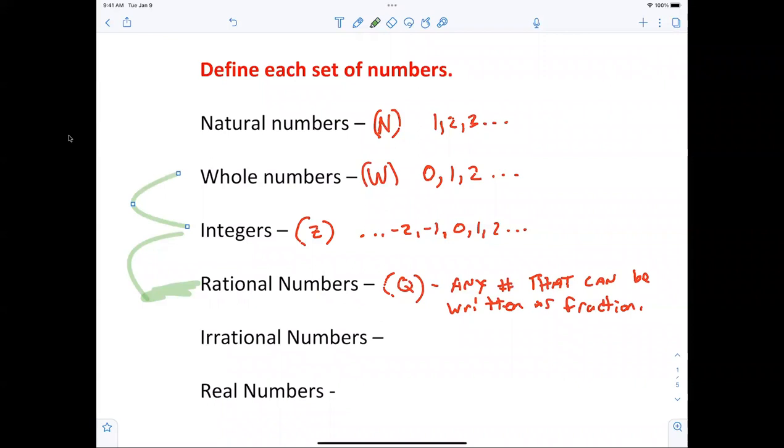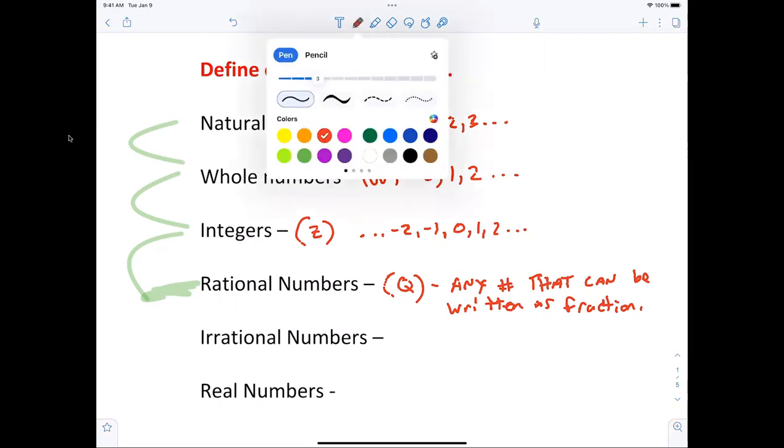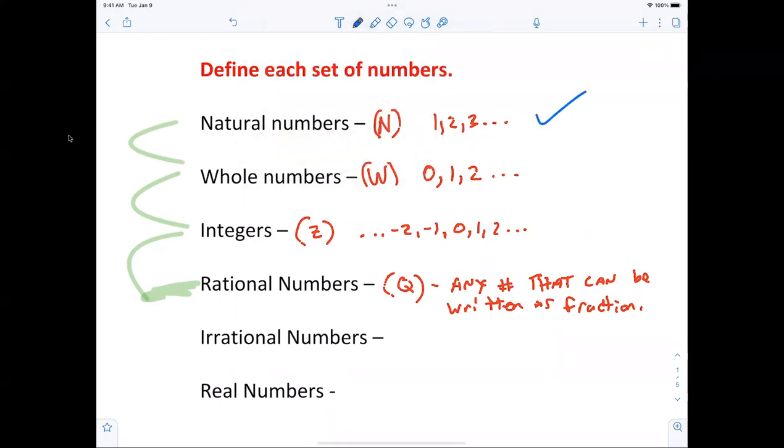You're also a natural number. Because can an integer be written as a fraction? Can the number 2 be written as a fraction? 2/1, 4/2. You with me? So every single one of these numbers right over here, they can be written as a rational number.